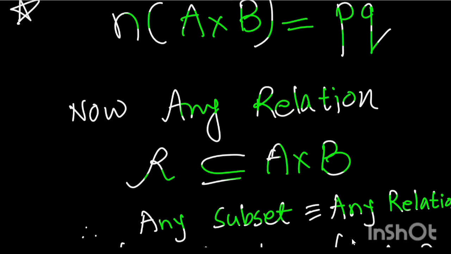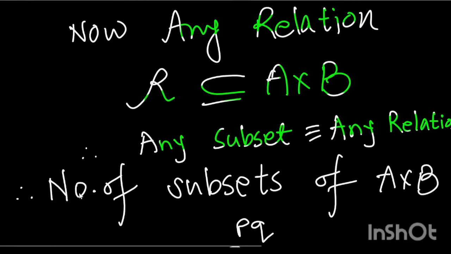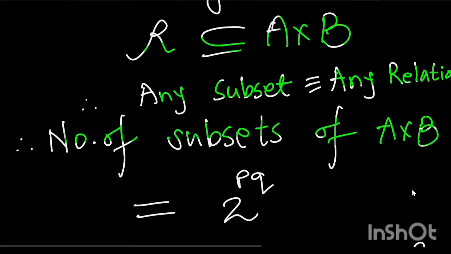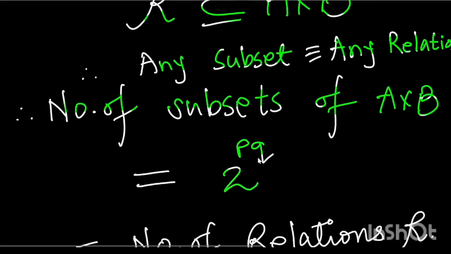So it means that if we can calculate the number of subsets of A cross B, which is 2 to the power PQ, because the number of subsets of a set having n elements is 2 to the power n. So A cross B having PQ elements gives 2 to the power PQ.